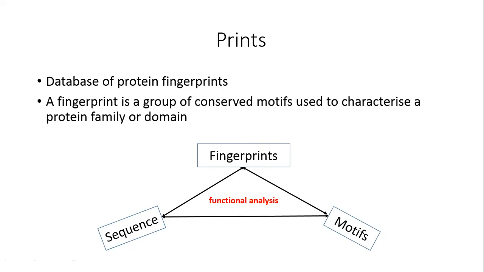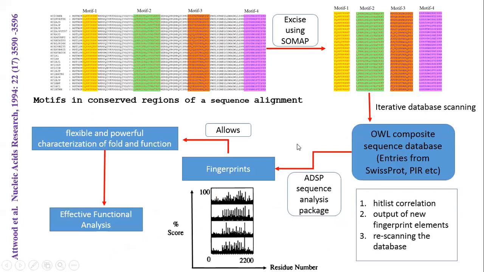Now let us talk about what exactly fingerprints are and what they do. The concept of fingerprints is very similar to that of motifs. So what the difference is, I will tell you a little later.